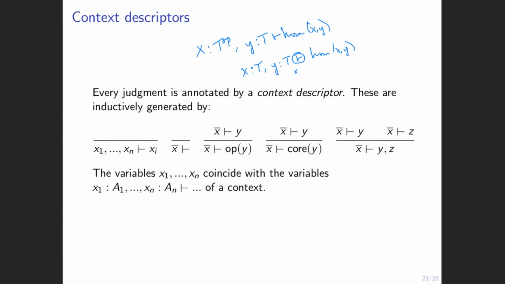So we would write this in the following way. The handwriting isn't looking so nice here, but something like this. We have a kind of annotation under the turnstile that's saying that we're using X in an op way, and we're using Y in the regular old way, in a covariant way.